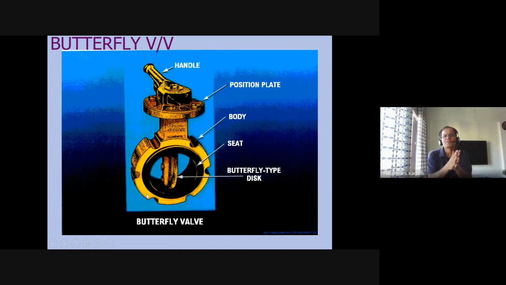So this is a butterfly valve. The butterfly type disc will seat inside, the body is the outside portion, position plate, and this hand. So using the hand, you can either open or close the valve. See, now it is open. Just you turn, it will lock. The disc will close.